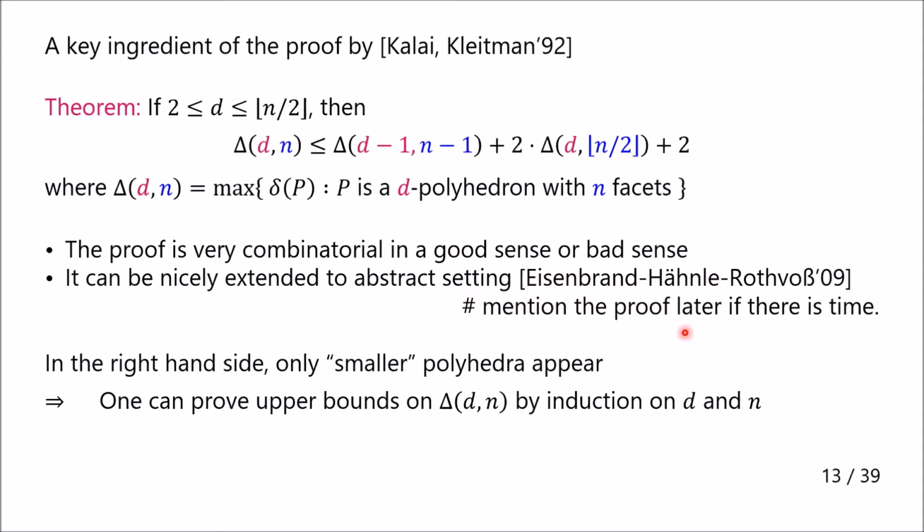I would like to mention the proof here later if there is time. This inequality enables us to prove upper bounds on delta d n by induction on d and on n. And I will show you.